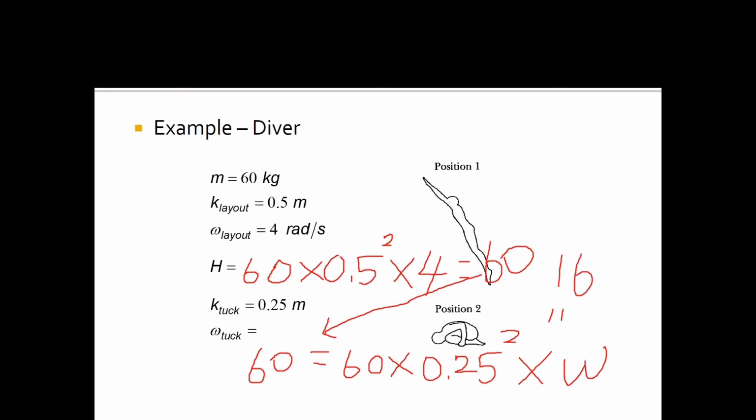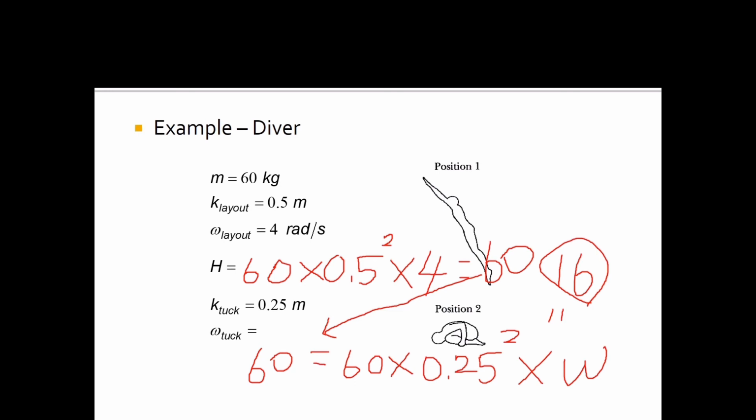Actually, if you calculate this value, omega will be 16 radians per second. So if he changed his posture from layout to tuck, he will be increasing his angular velocity to 16 radians per second, which is a lot faster than the angular velocity at position 1, because he reduced his radius of gyration.